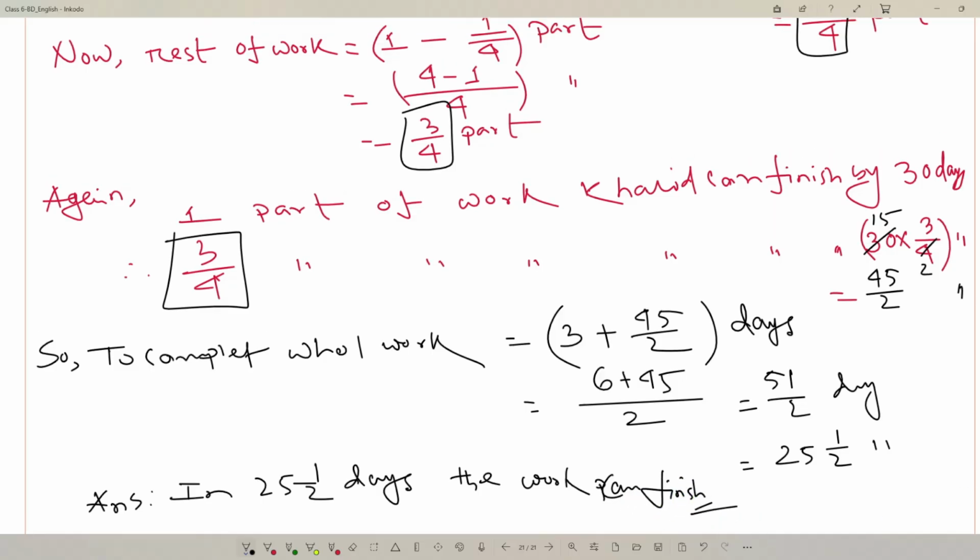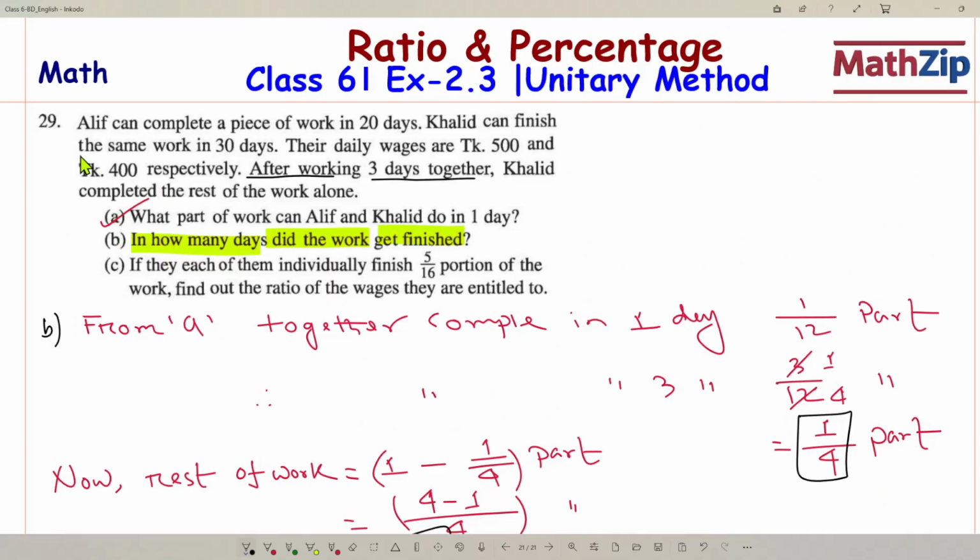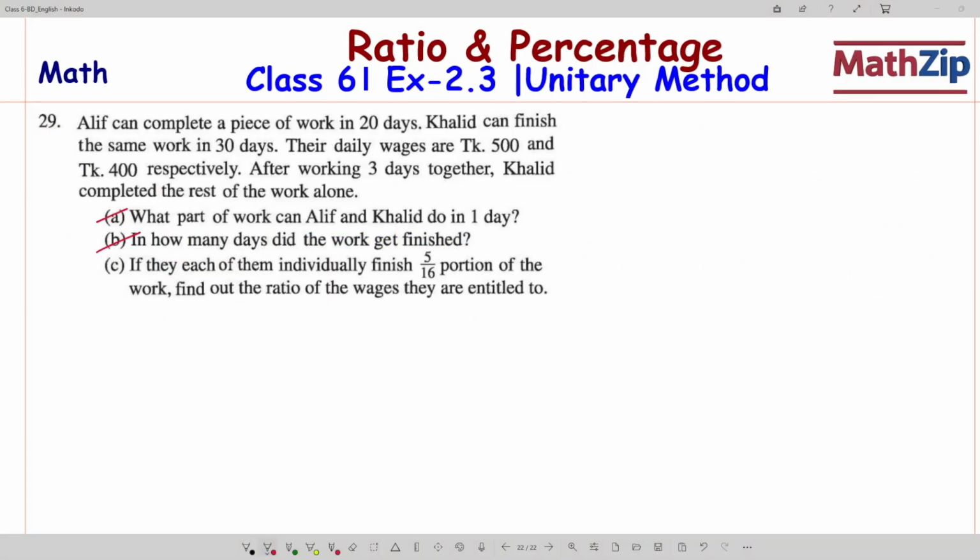Okay, so number 21 of B is done. Now the last one: if each of them individually finished 5/6 portion of the work, find out the ratio of wages they are entitled to. So it's an important question.